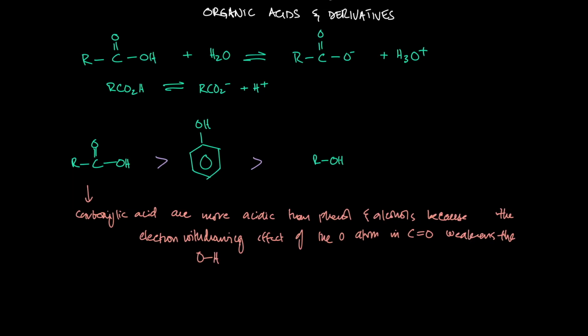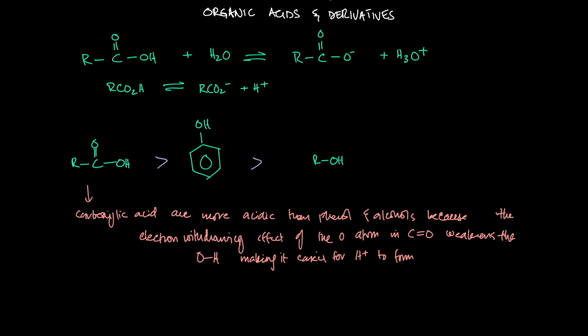The electron density is withdrawn from the OH bond towards the C double bond O. So therefore you have a weaker OH bond, making it easier for H plus to form. In other words, making it easier for the acid to ionize.